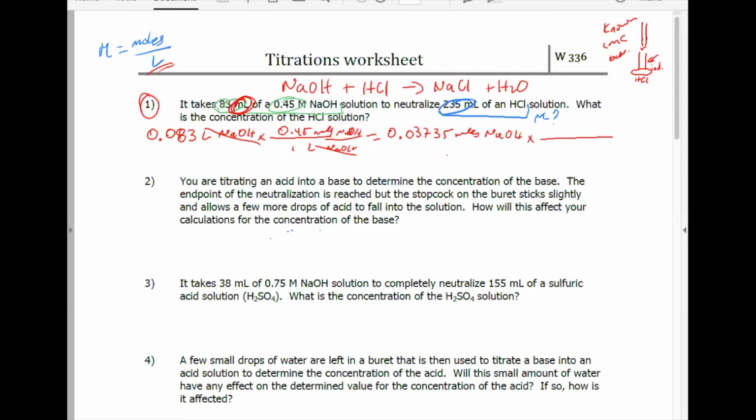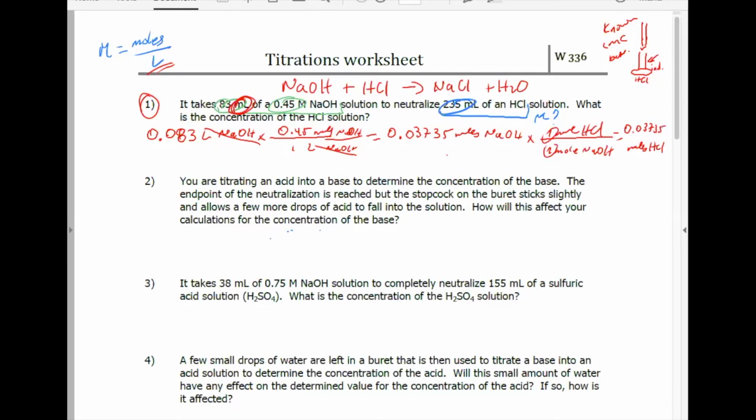We go back to the chemical equation, and we see that for every 1 mole of NaOH, we have 1 mole of HCl. Which means that, being 1 to 1, the number of moles is going to stay the same for HCl.